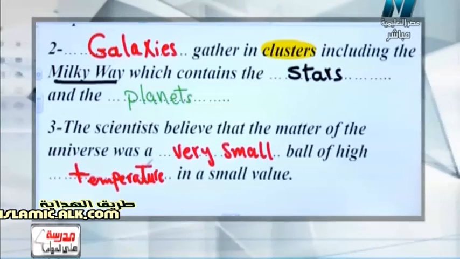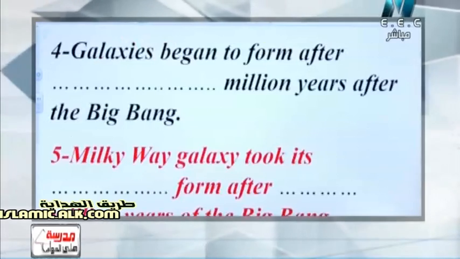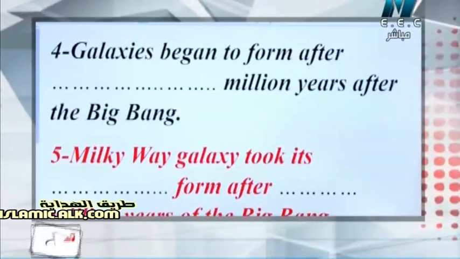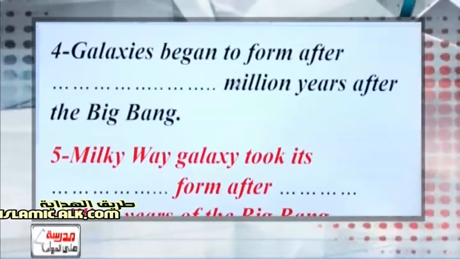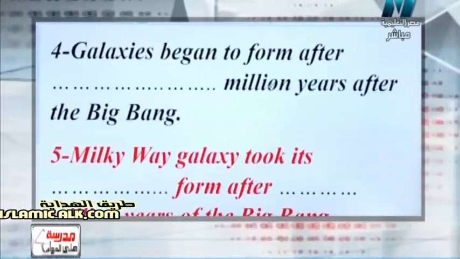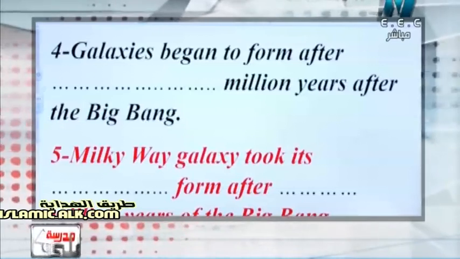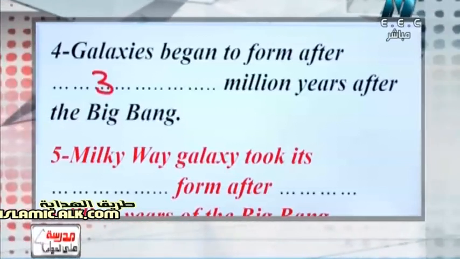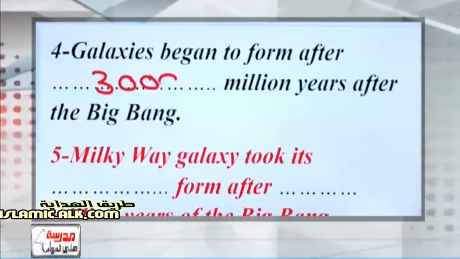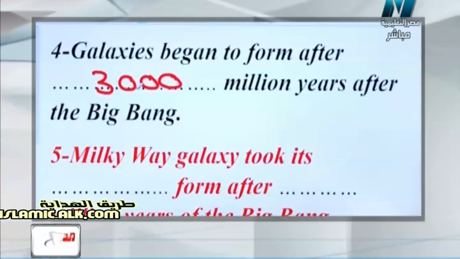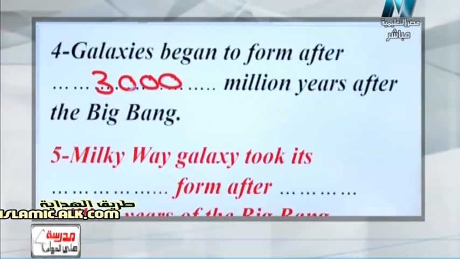Next question: galaxies began to form after how many million years after the Big Bang? We must remember that the galaxies formed after 3,000 million years. If it says Milky Way galaxy, then 5,000 million years.